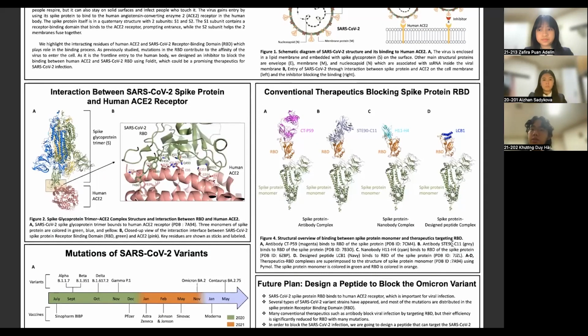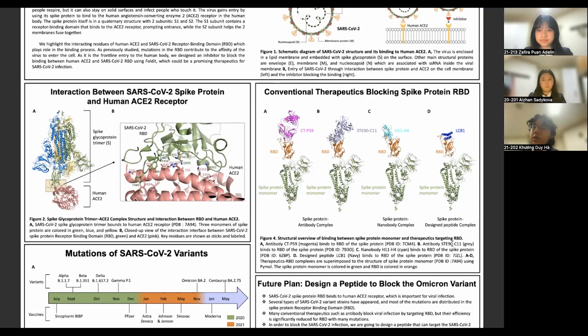We've also, using PyMOL, managed to graph out 4 complexes with different therapeutics that can block the spike protein in the receptor binding region. For the first 2 graphs, we get the 2 spike protein antibody complexes. The first one is CTP59, the second one is STE90C11, and they both bind to the RBD region.